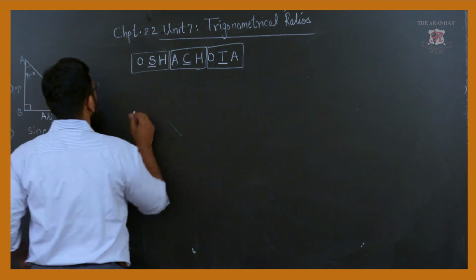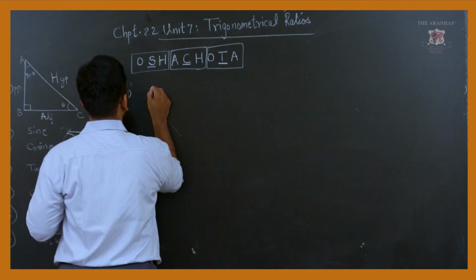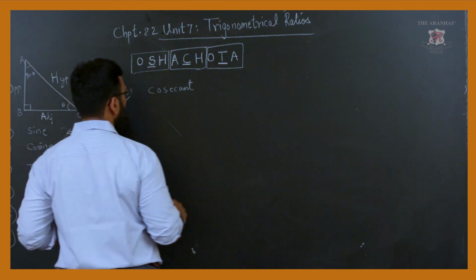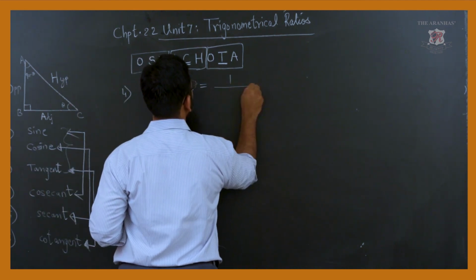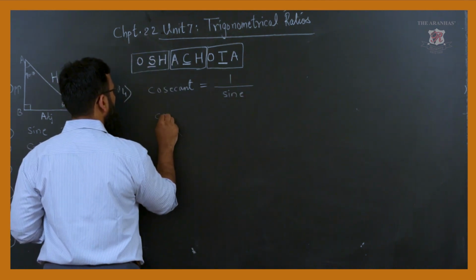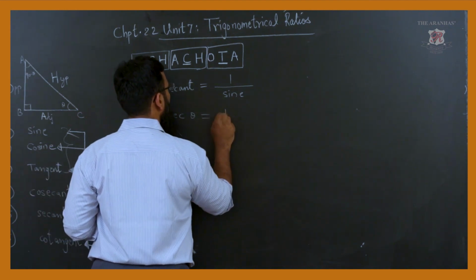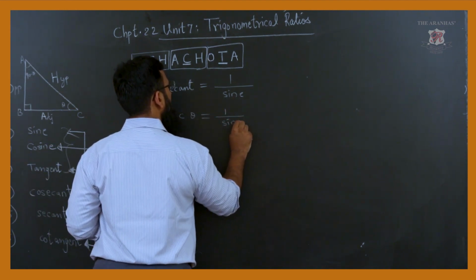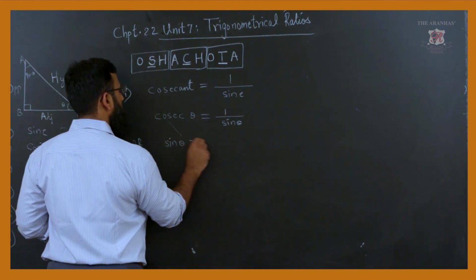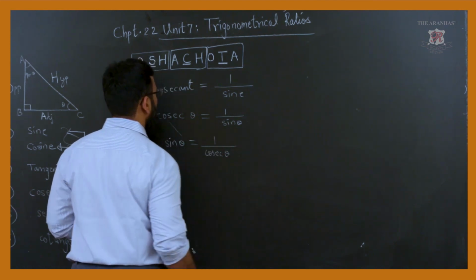Now, the fourth one is cosecant. As I told you, cosecant is reciprocal of sine. So, you can also write it in a shortcut form. Cosec theta is 1 upon sin theta, or you can also say sin theta is reciprocal of cosec theta.